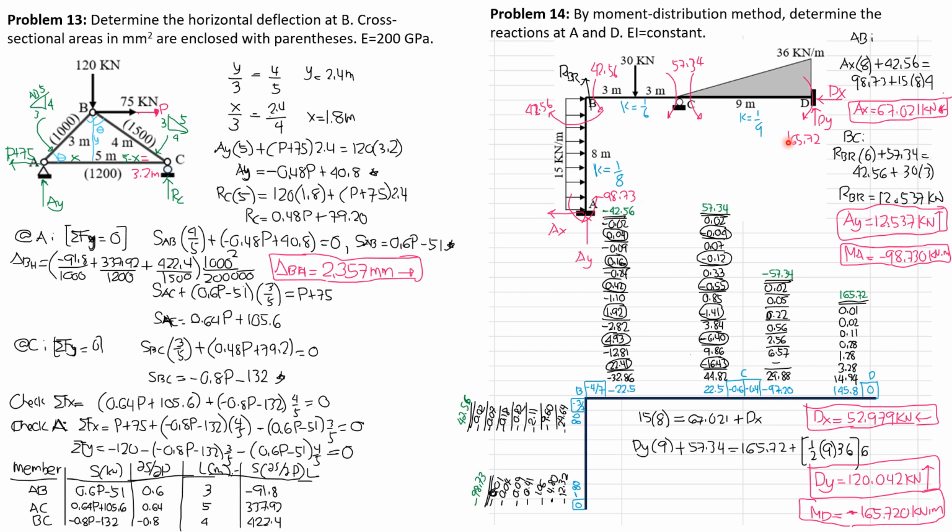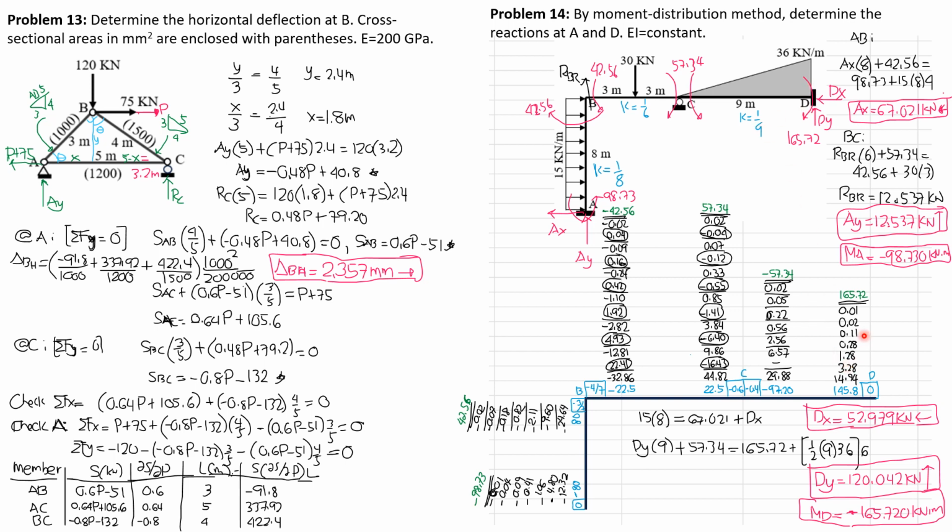So leftward. Then for BC, the reaction at B just to the right, when transmitted to this column, is AY actually. Summation moment C equals 0. By the way, moment BC is negative, so counterclockwise. Moment CB is positive, so clockwise. Moment CD is negative, so counterclockwise.